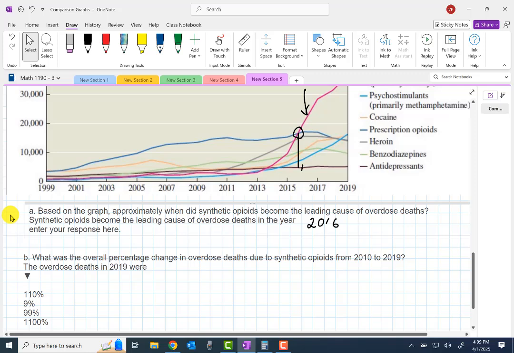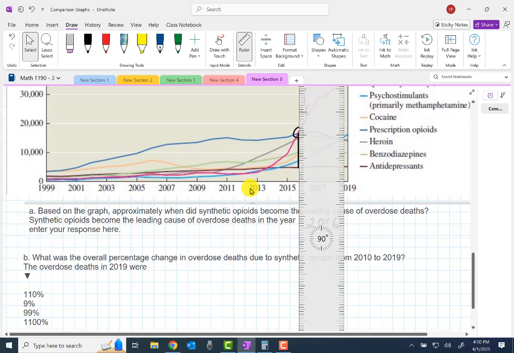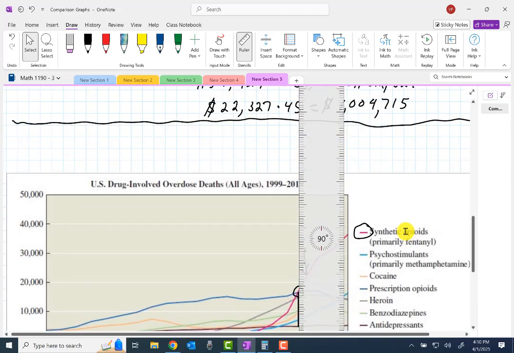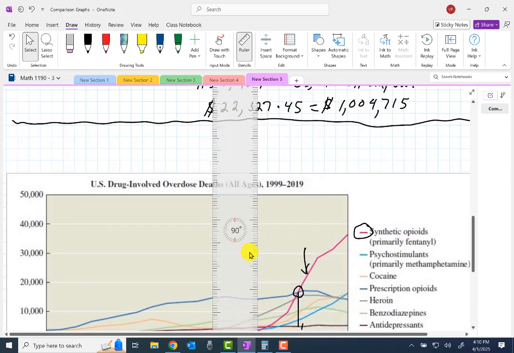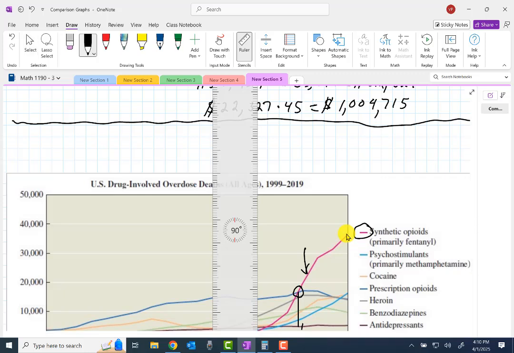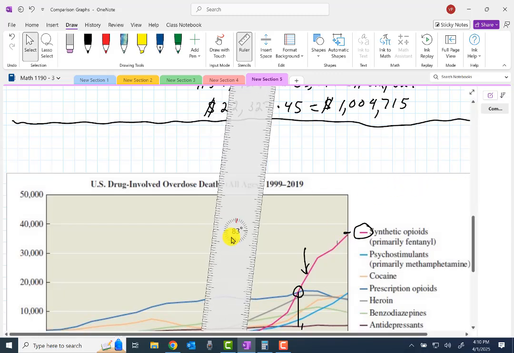The next question wants us to look at the overall percentage change in overdose deaths due to synthetic opioids from 2010 to 2019. Now, let me grab my ruler again so I can explain this. So we'll start from 2010 to 2019. Let me scroll up a little bit and I will mark the end of it. Let me put a mark right there. And I'm going to take this ruler and angle it at 0.